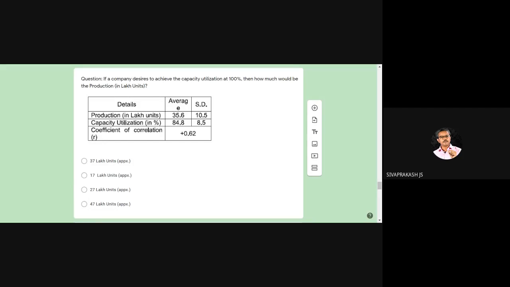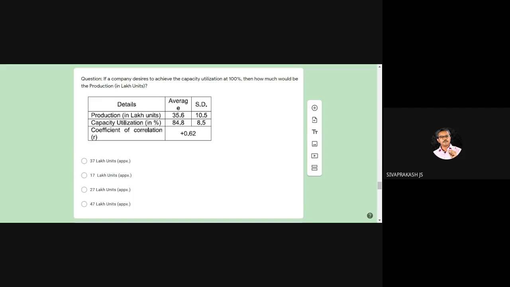The question: if a company desires to achieve capacity utilization at 100%, how much would be the production in lakh units? Don't get confused, they have given a number.